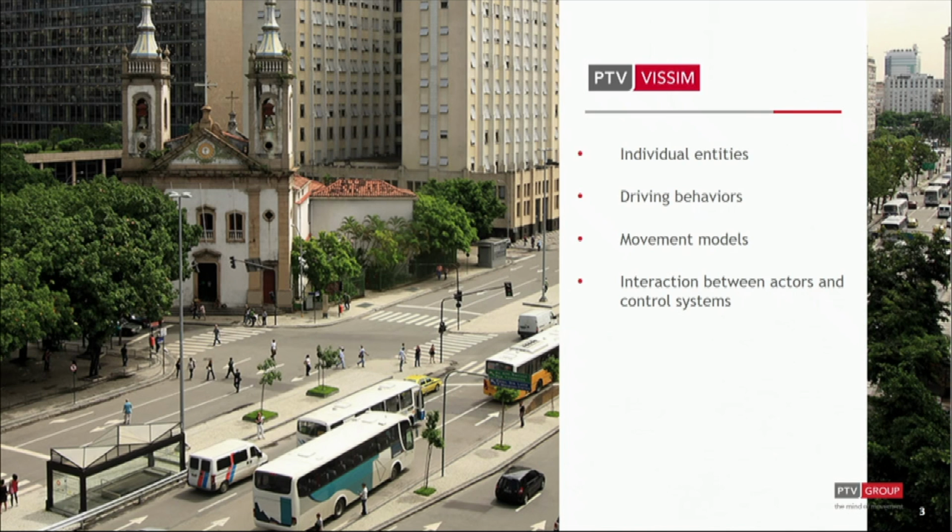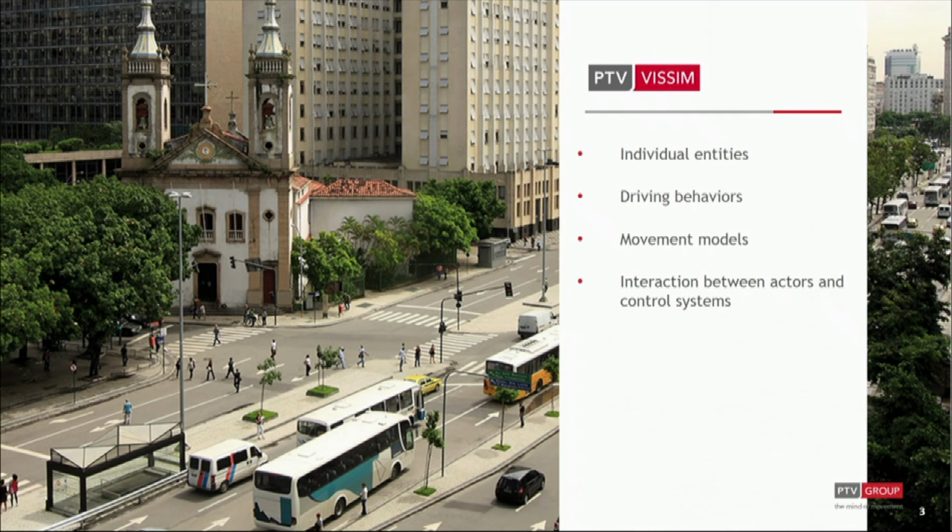Driving behavior is the characterization of how each entity perceives its environment, reacts to the perceived environment, and then comes to a conclusion of how the next movement should be. The movement model is characterized based on the type of agent. A car would move differently than a pedestrian, obviously.